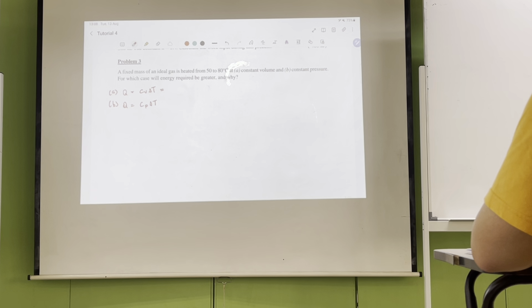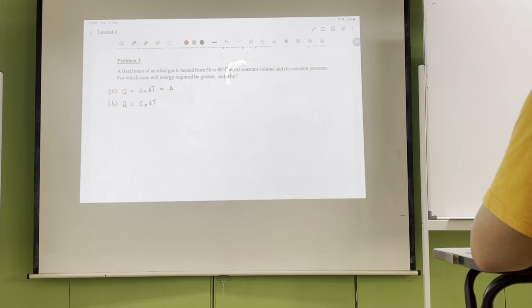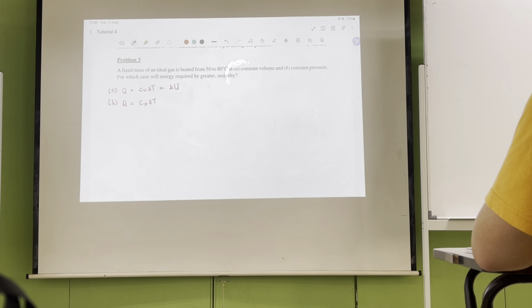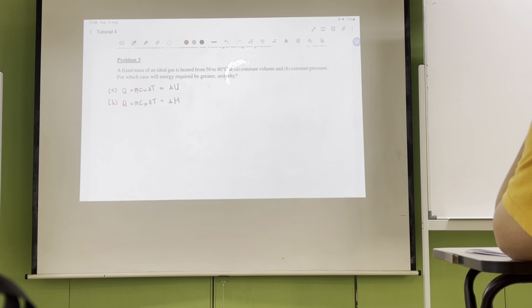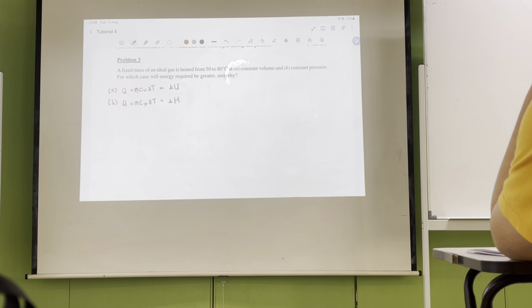And this will equate to change in U. This is change in H, because if you want to put M, because I write capital letter. Right, so this was what I mean.